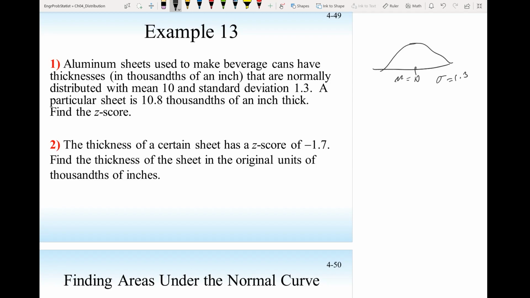Find the z-score. The z-score means how do I convert x to a z, standardized. So z equals x minus mu divided by sigma. x is 10.8 minus the mean, which is 10, divided by the standard deviation, which is 1.3.